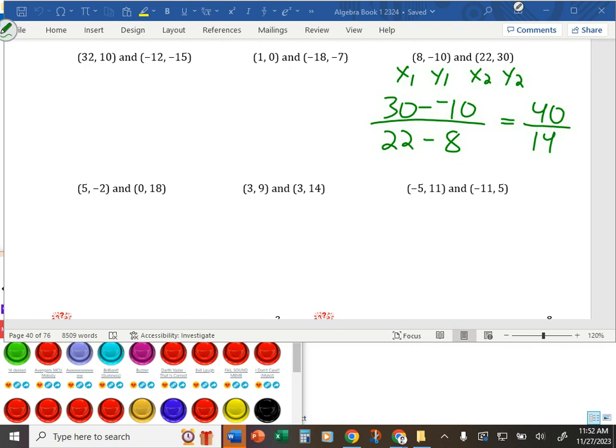Not 8/7. You got the denominator right, though. If you divide 14 by 2, you get 7. Tristan, what's 40 divided by 2? 20. Thanks, Tristan. 20, right? So 20/7 would be your simplified fraction.